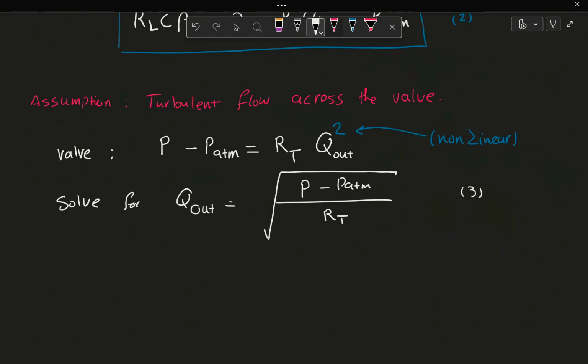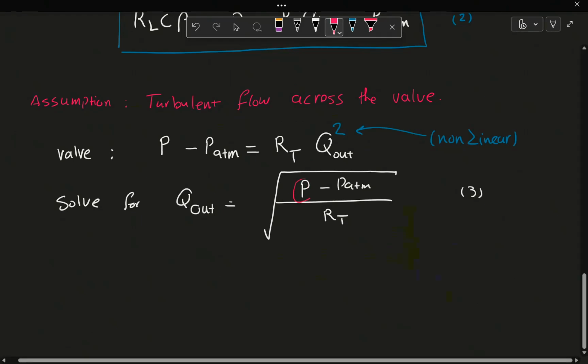Guys, note that I forgot to mention that in equation 3 you have everything in terms of your good terms. P is a good term, P atmosphere is a good term, they're all good, and R turbulent is a constant number, so it doesn't affect anything.